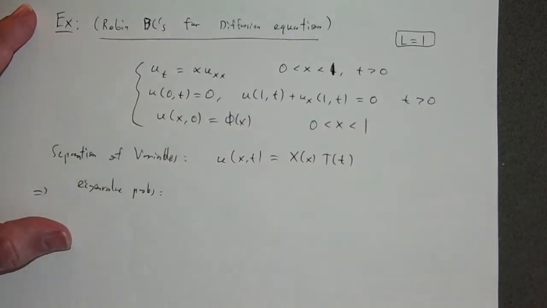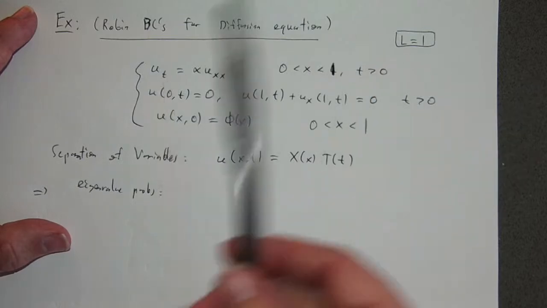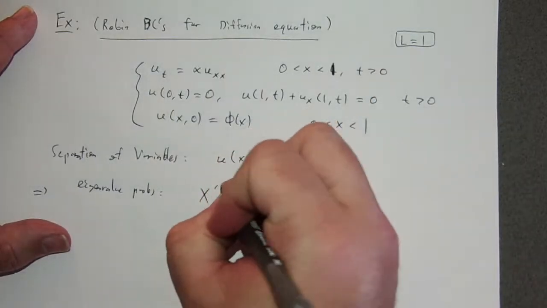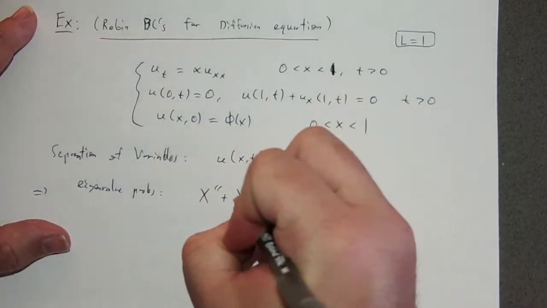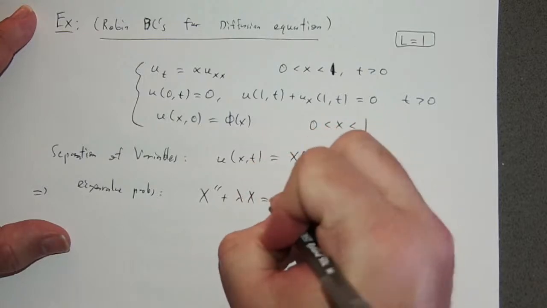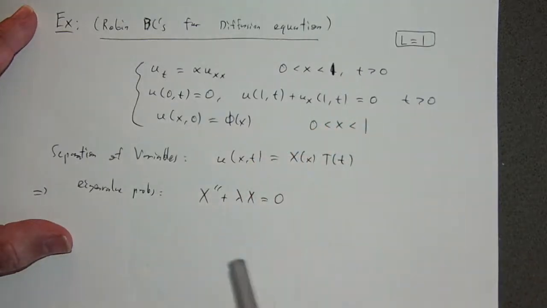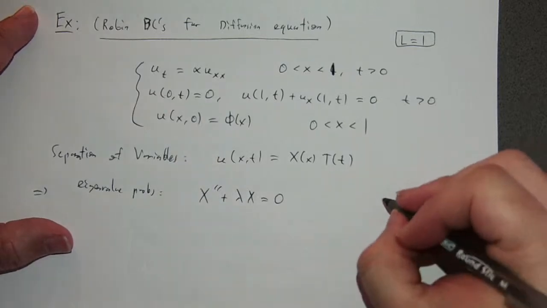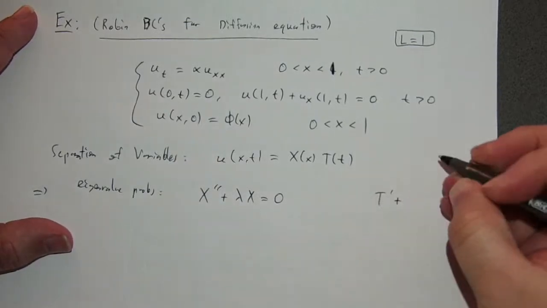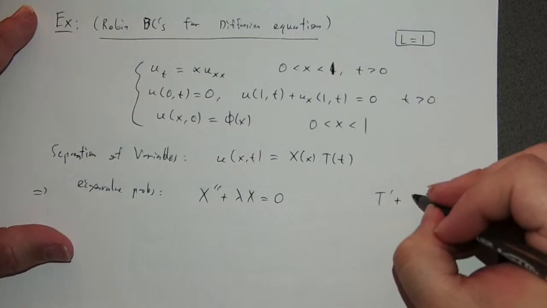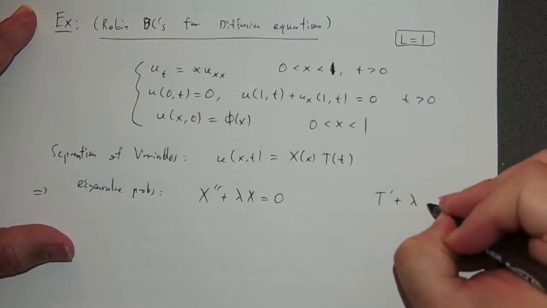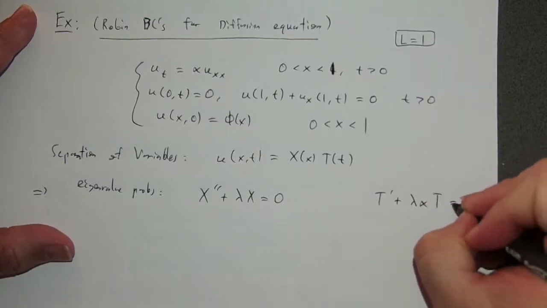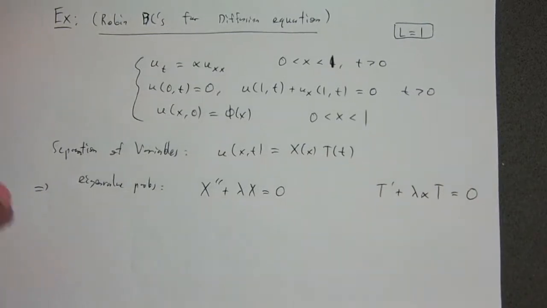The first one is going to be X double prime plus lambda X is equal to 0, the usual one. The other one is going to be T prime plus lambda alpha T is equal to 0.